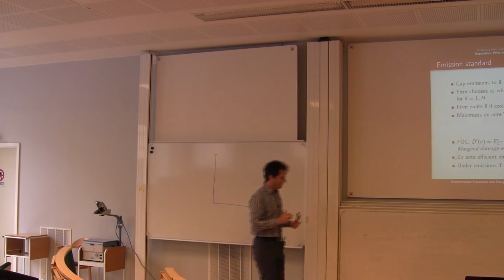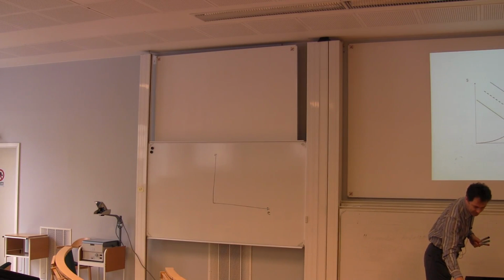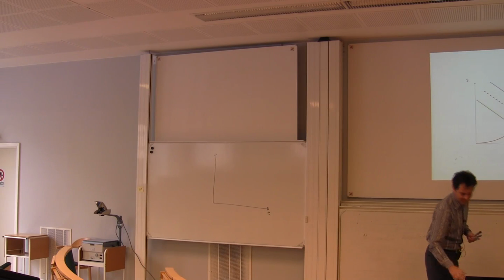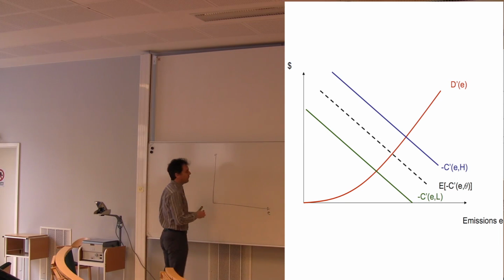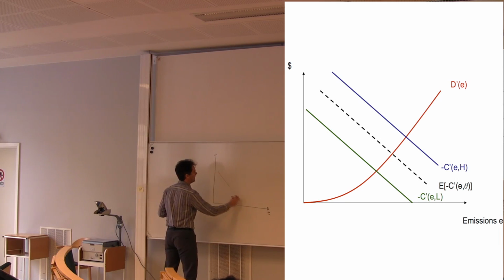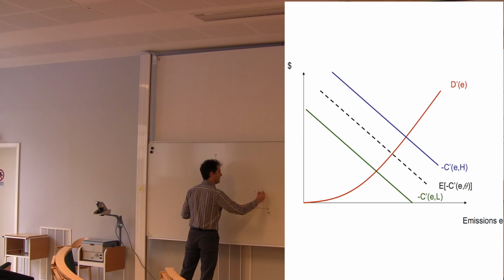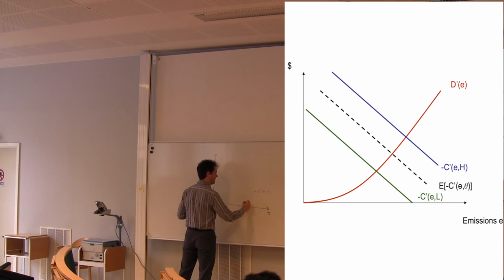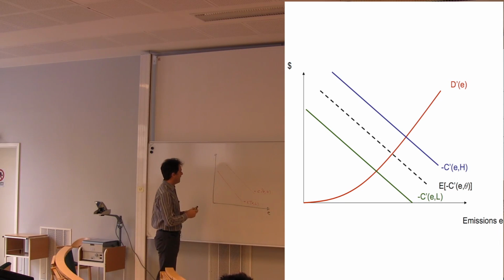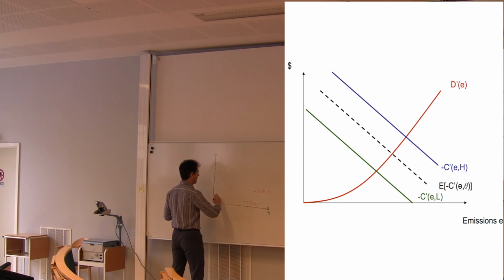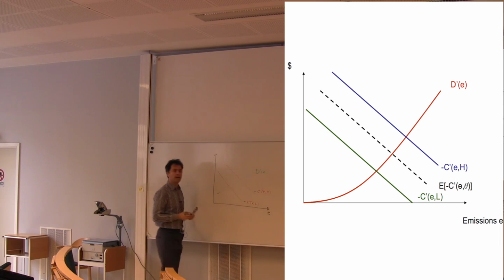Let's just be sure to be consistent with my picture here. So you have this is marginal abatement for high cost firm, and this is marginal abatement for low cost firm. And this is the marginal damage. Okay?